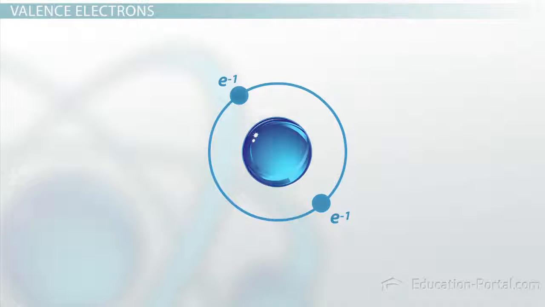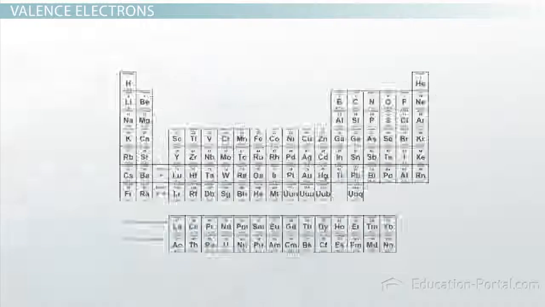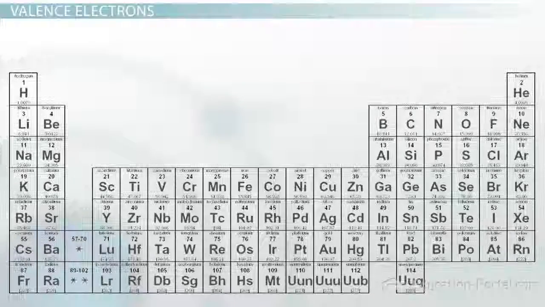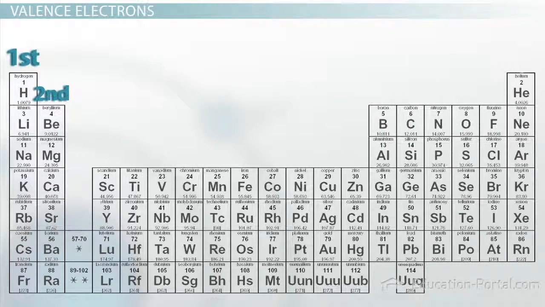If we take a look again at the periodic table, we can now see how the organization of the periodic table is going to help us predict the reactivity of various kinds of atoms. So generally speaking, in biology, we're going to talk about the first, second, and the 13th through 18th columns here.